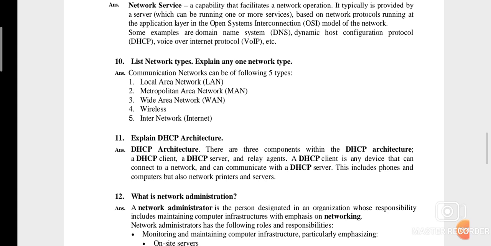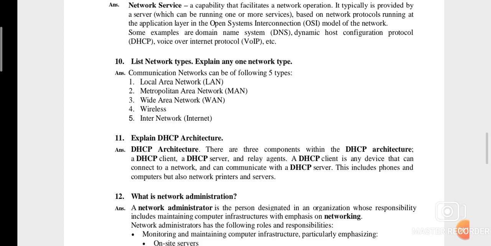Then explain DHCP architecture. Whenever this type of question is asked in the GTU exam having 2 marks, you have to write this type of answer. In the DHCP architecture, there are 3 components: first of all DHCP client, second DHCP server, and third relay agent.